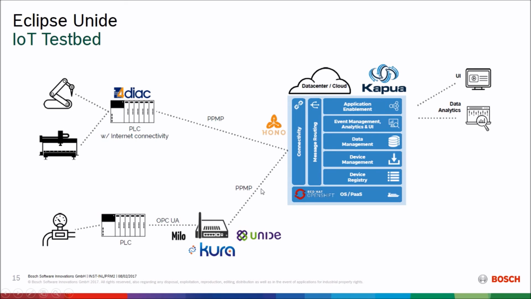So this is a proposal for the IoT testbed we are planning currently. And now we want to start this testbed by using real machine data, so we talk to different manufacturers, also external manufacturers, maybe to get some real data from their machines.